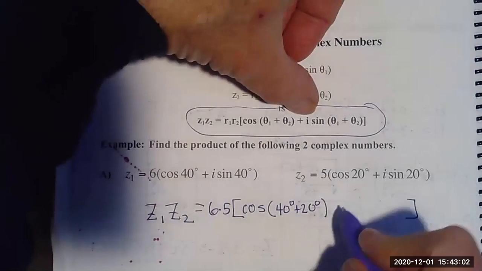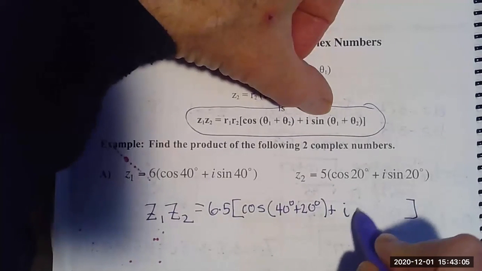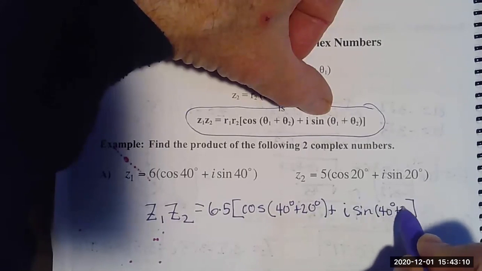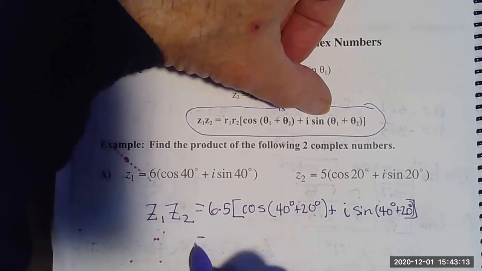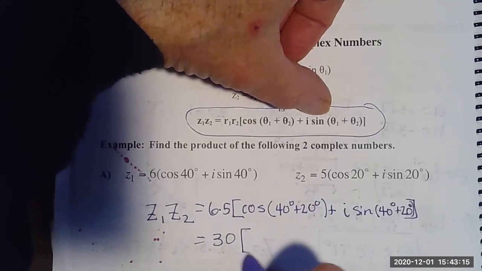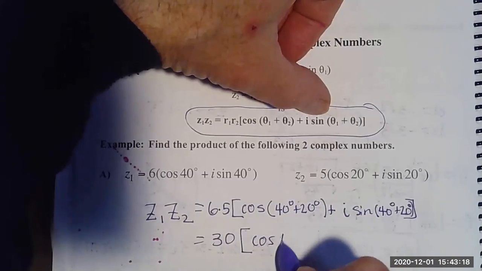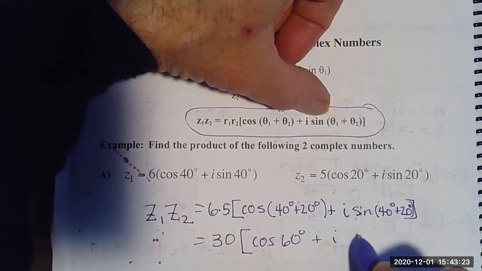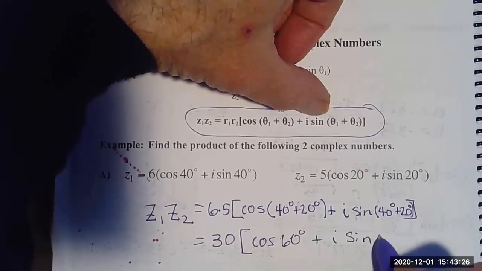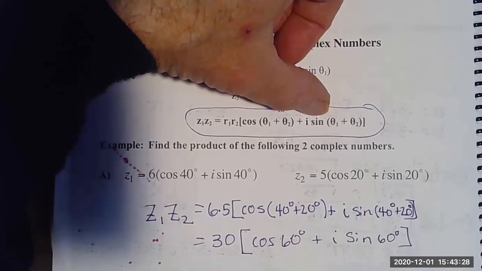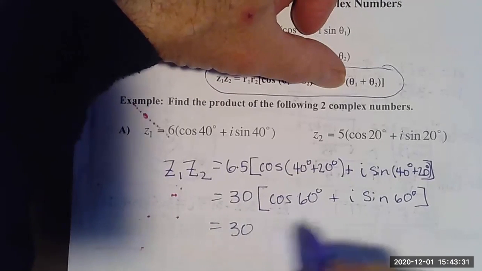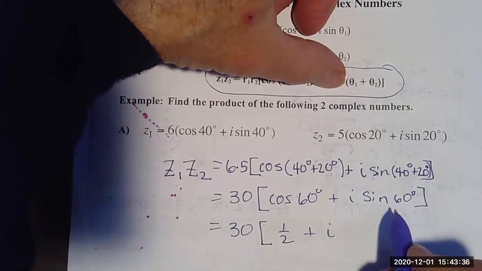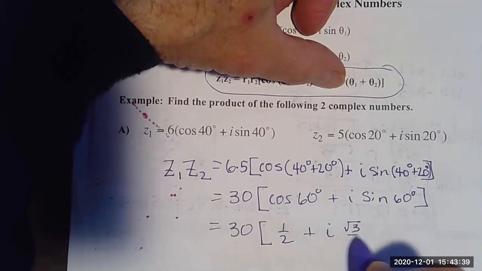Then you go over here, plus, put the i right there, and you do the sine part similarly. So it looks like it's 30 cosine 60 degrees plus i sine 60 degrees. 30 cosine of 60 is a half, plus i sine of 60 is root 3/2.